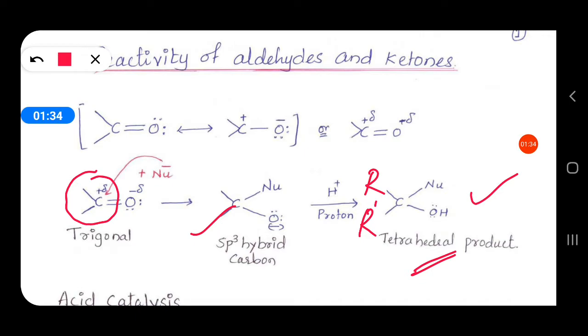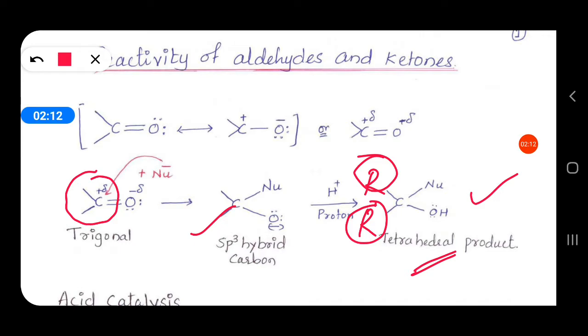In aldehydes, one is always hydrogen and the other R group may be an alkyl group or aryl group. But in ketones, both R and R dash groups may be alkyl groups or aryl groups.